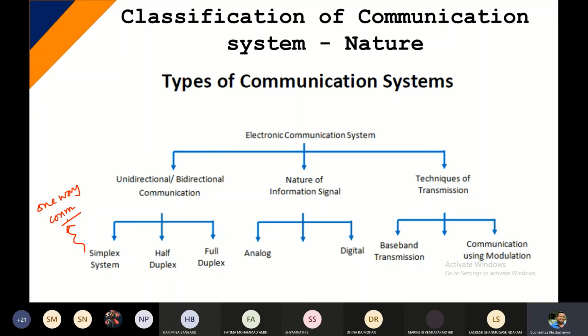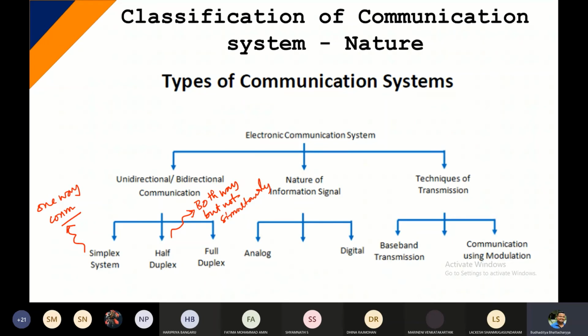Very simple in process. Coming to the half duplex system, which is two-way, but not simultaneous. I'll just write it over here: both ways, but not simultaneously. What does that mean? I guess all of you have at least seen or heard the term walkie-talkie, where people call and then wait for the other person to call back.